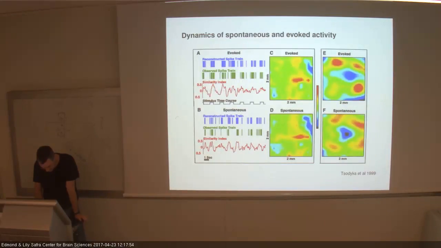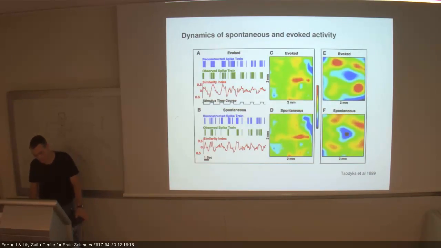if you look at the structure of spontaneous and evoked activity in the cortex, it looks pretty similar. So if you take this example, I think it's a cat.